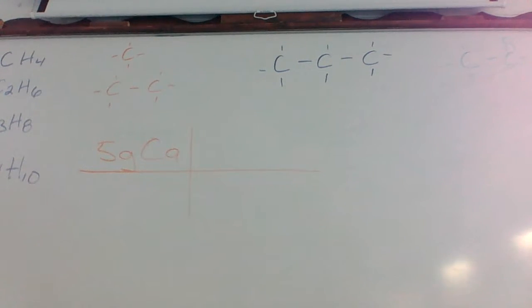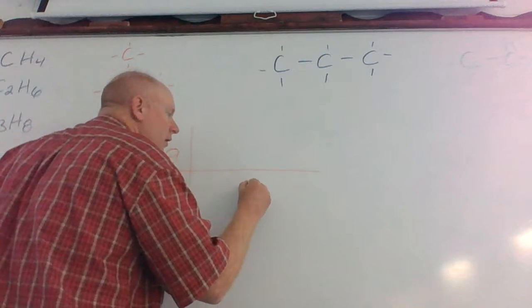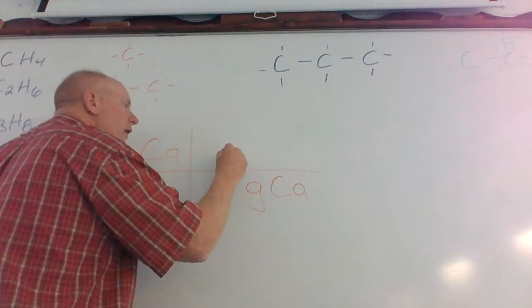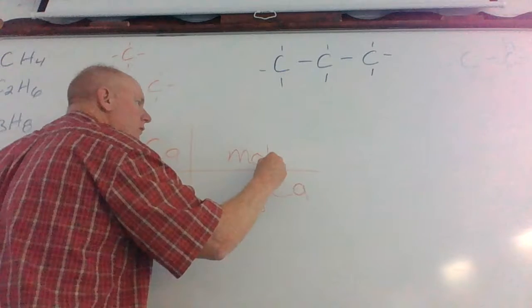We're not just going to grab it out of the air and make it up. Yeah, the atomic mass. So we established this, grams of calcium, then moles would go up here.